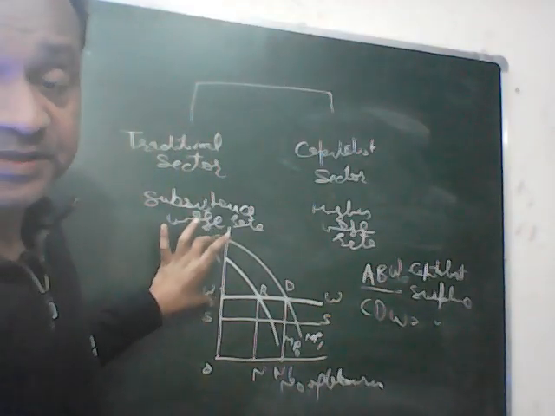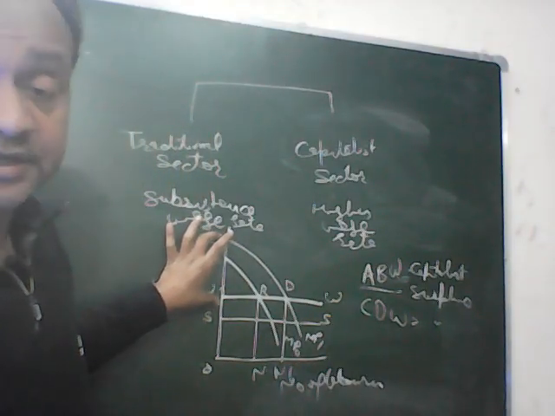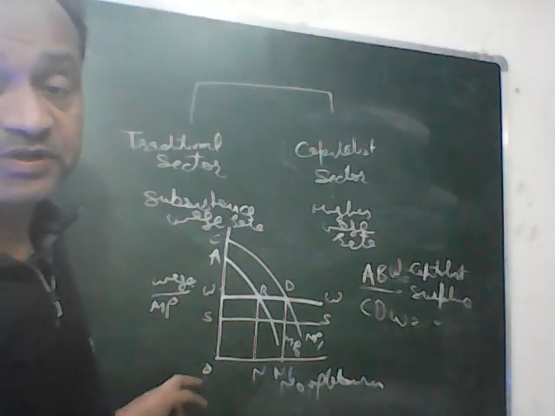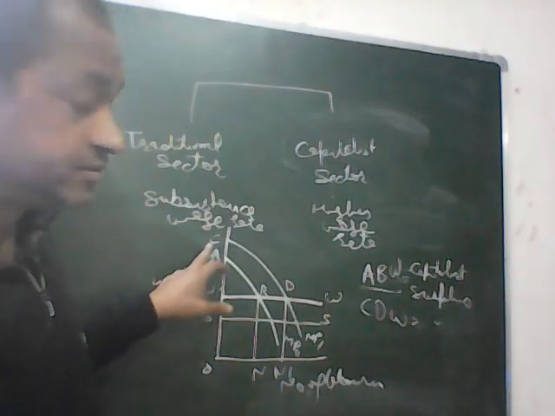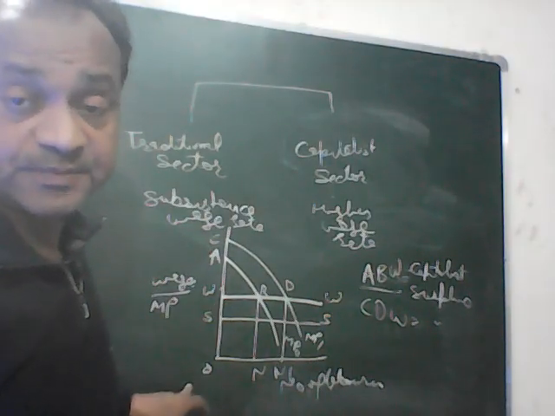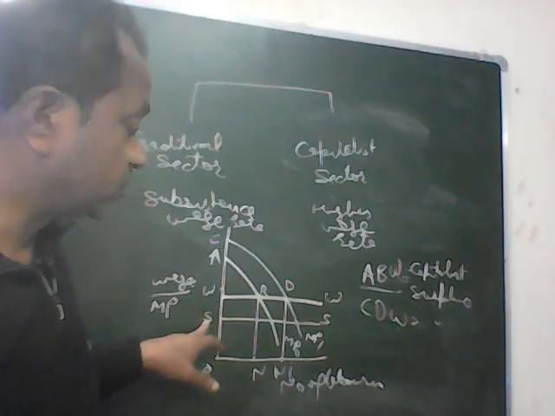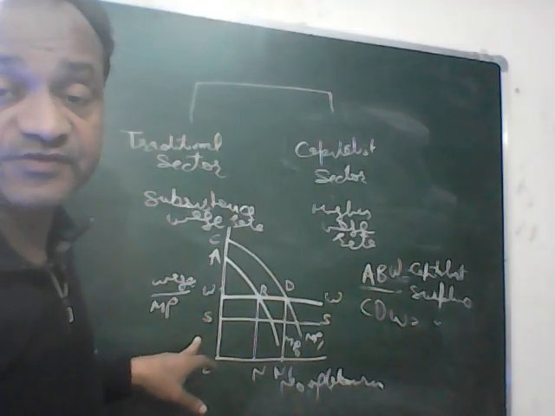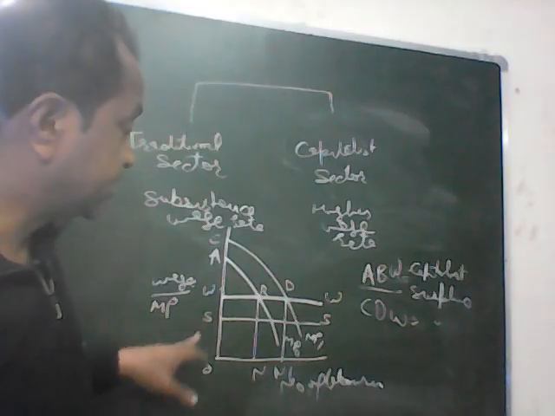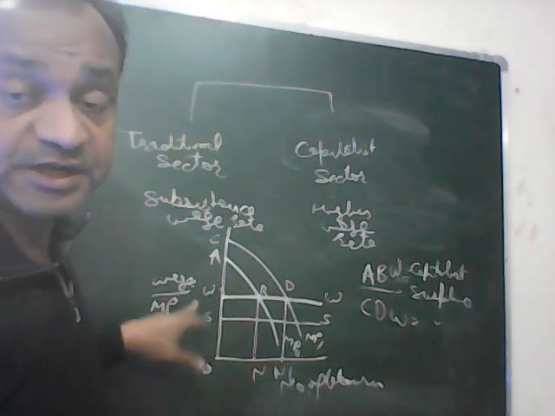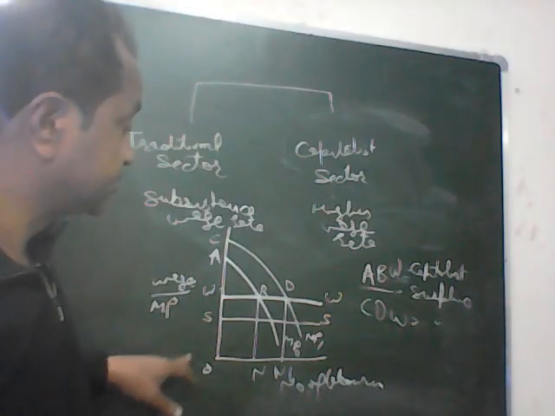This capitalist surplus is again and again reinvested in the process, so that the surplus labor of the subsistence sector, which is getting OS subsistence level wage rates, when they are migrating to the capitalist sector they are getting OW wage rates.